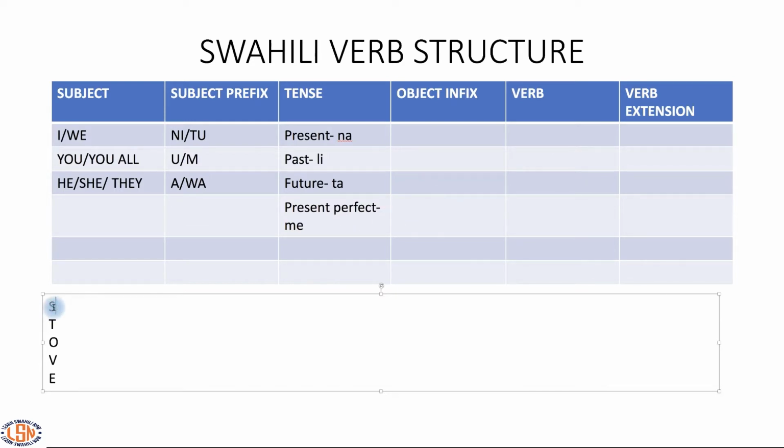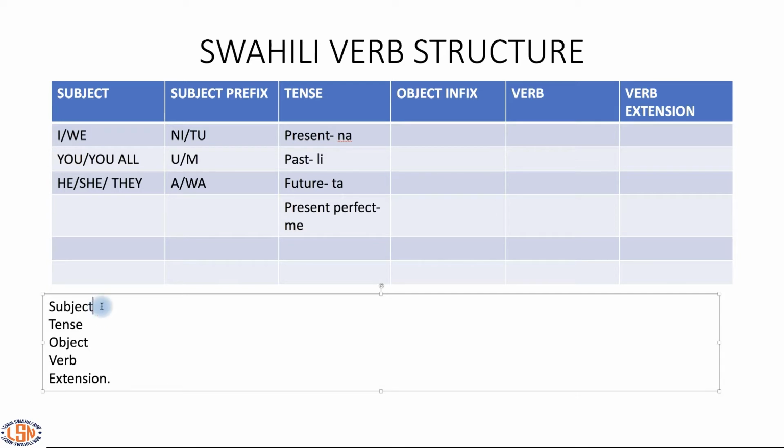So S is for subject, and we'll talk about what this means. T is tense, O is object, and V is verb, and E is for extension. So this formula really captures the different concepts that can be found within the Swahili verb.